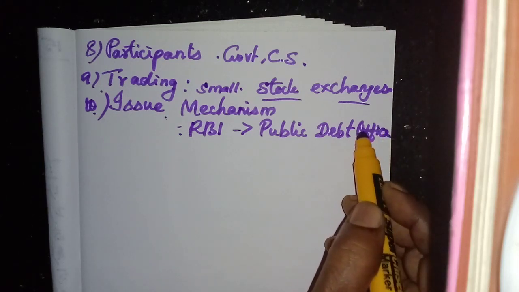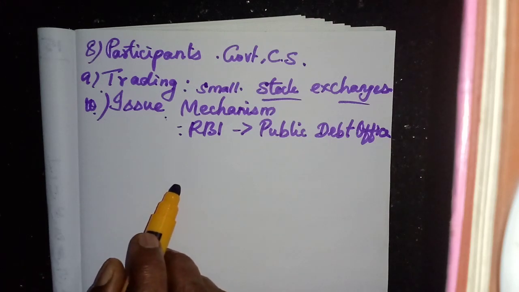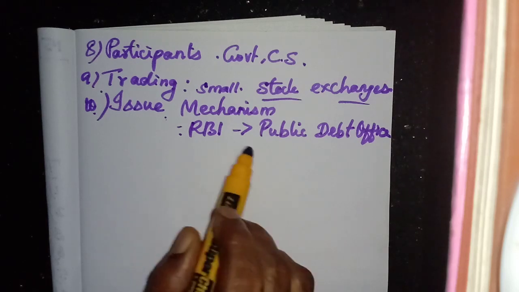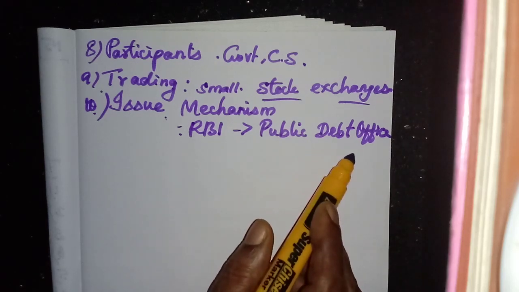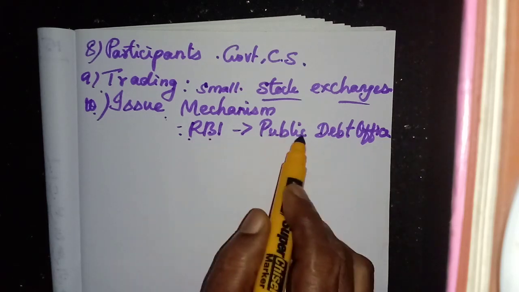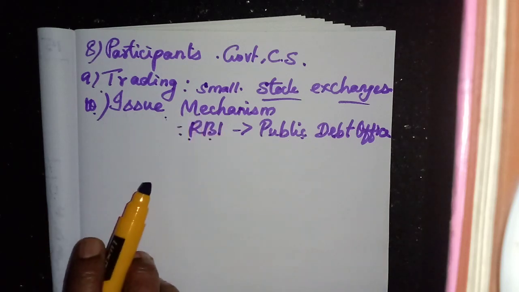They are issuing the securities. One office will be functioning in RBI, that is called Public Debt Office. This office only will issue the securities.